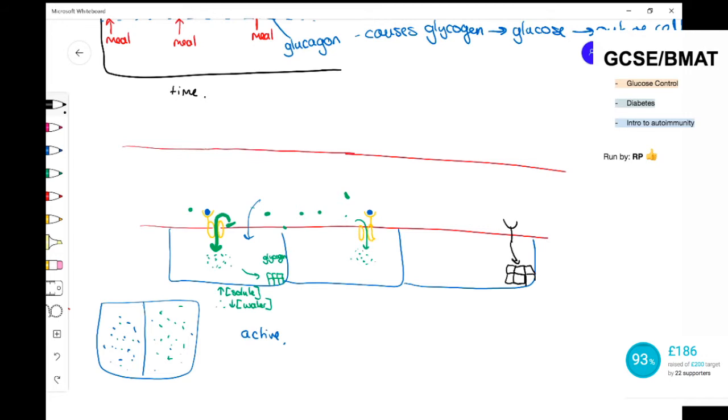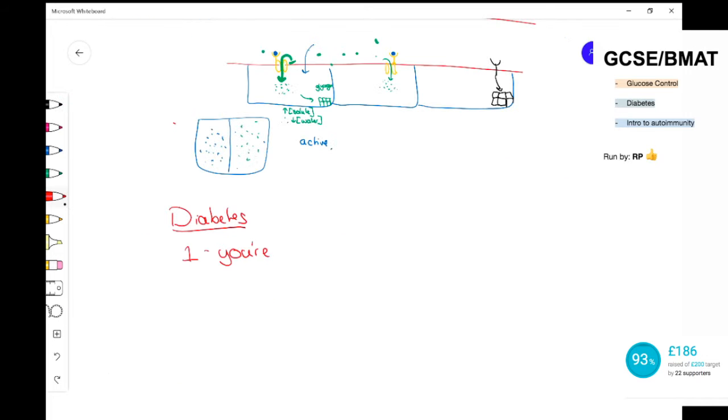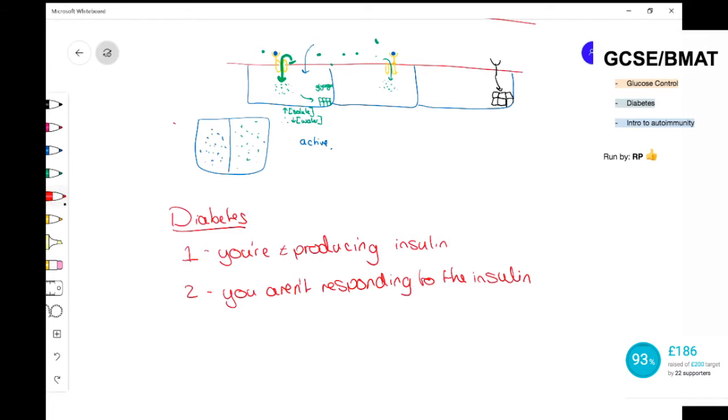So you can either have one, you're not producing insulin, or two, you aren't responding to the insulin you're producing. And so it's kind of like on two ends of the system.